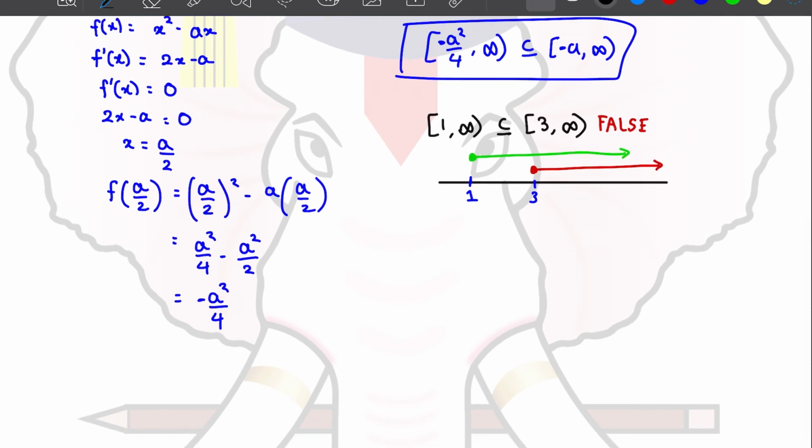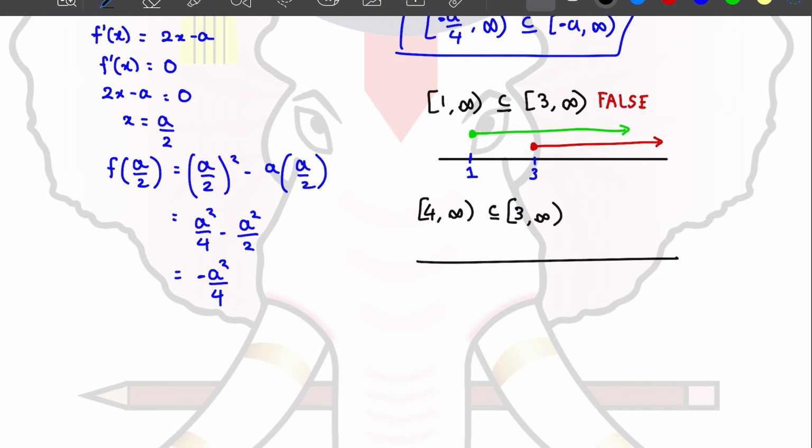Now, what happens if I say that 4 to infinity is a subset of 3 to infinity? Is this true? Well, we can again simply draw a number line. Always draw a number line for these sorts of questions. It will minimize the chances of any errors. So 3 and 4. Okay.